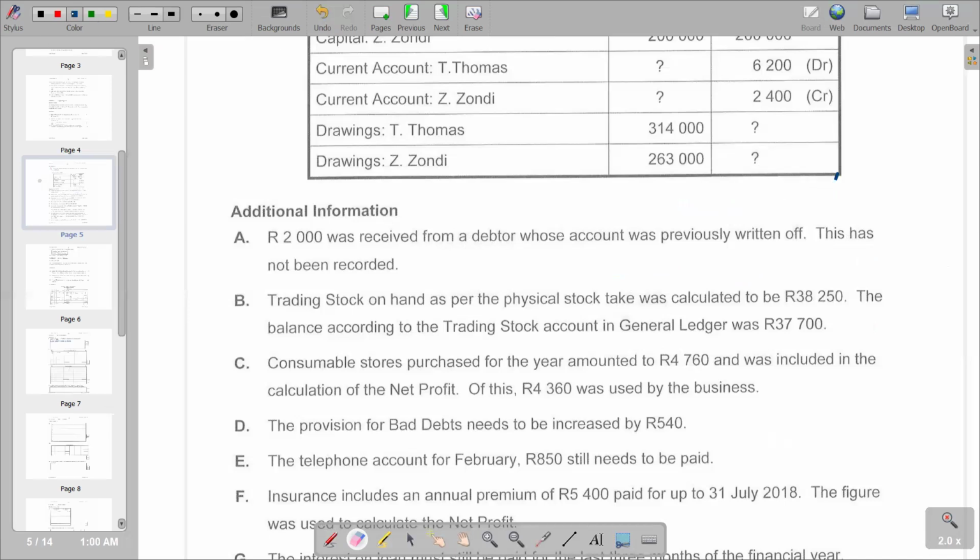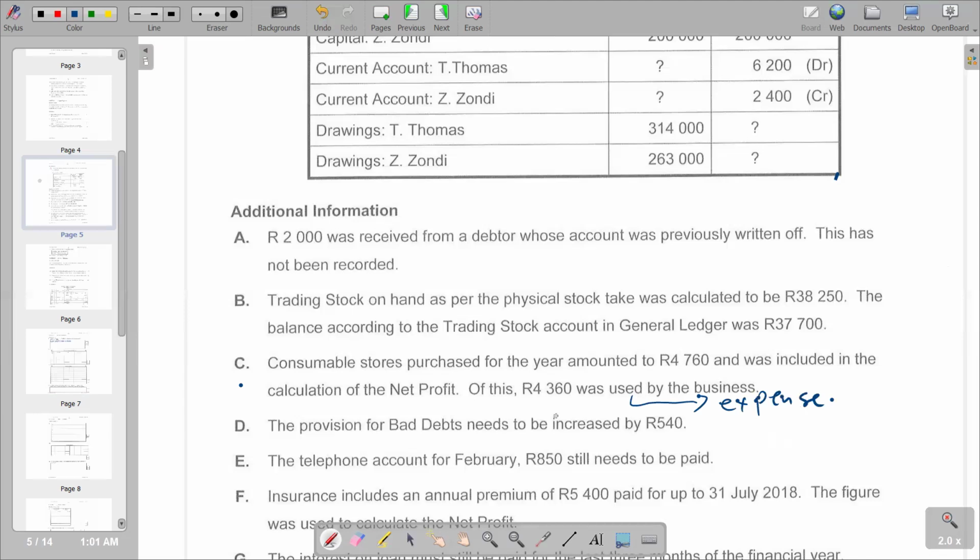So moving on to the next part, we now have C, which says consumable stores purchased for the year amounted to 4,760 and was included in the calculation of the net profit. Of this, 4,360 was used by the business. So what was used of consumable stores is the expense.